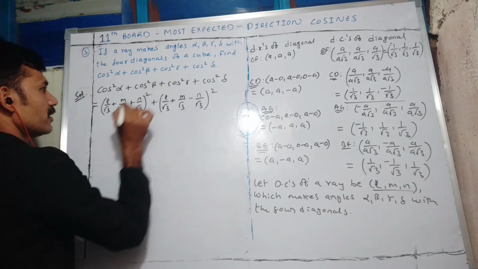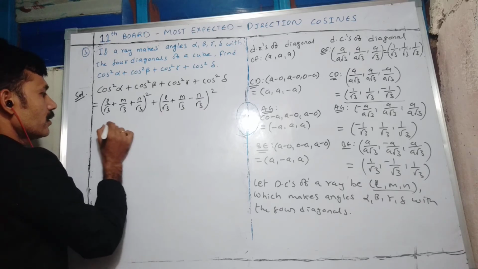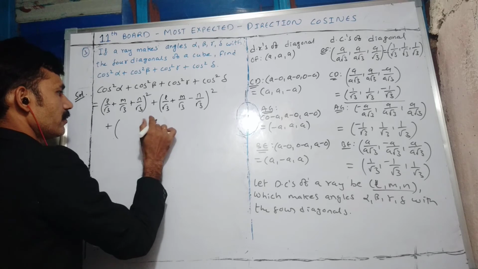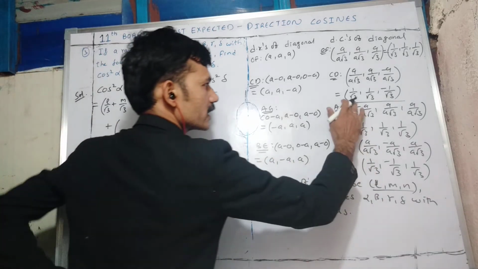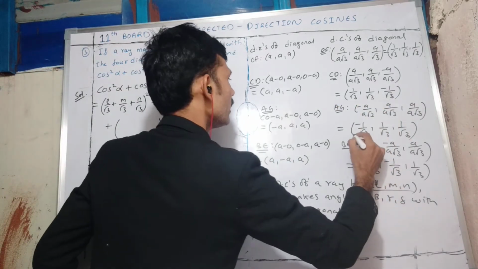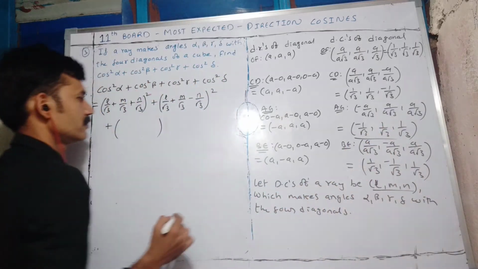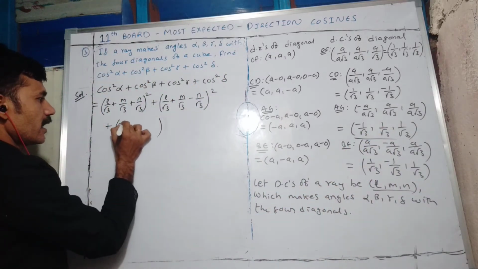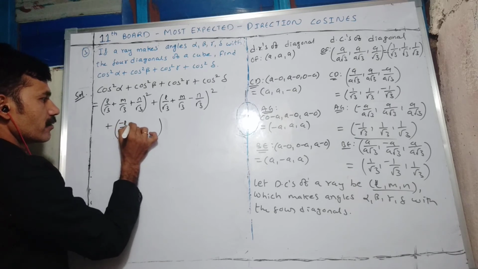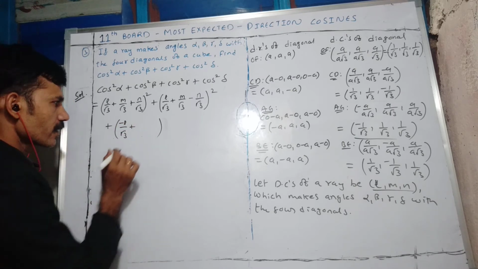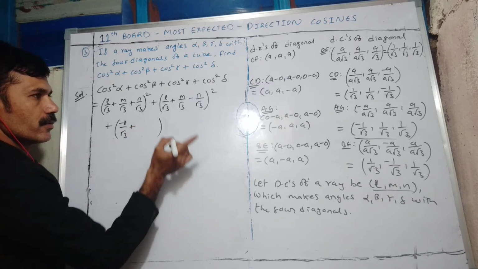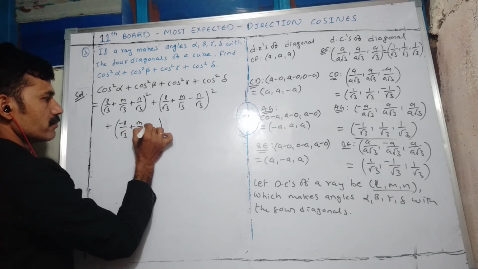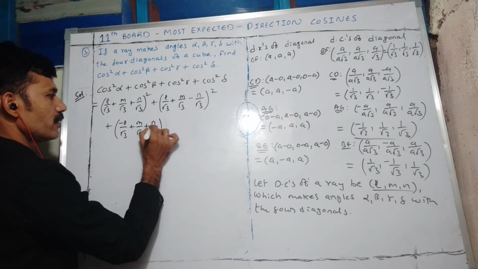Similarly cos gamma. Okay, cos gamma, how will you find? We have to multiply the direction cosines of the ray and AG now. So there what we'll get? Minus L upon root 3 plus M1 M2, means M upon root 3, N1 N2, means N upon root 3.